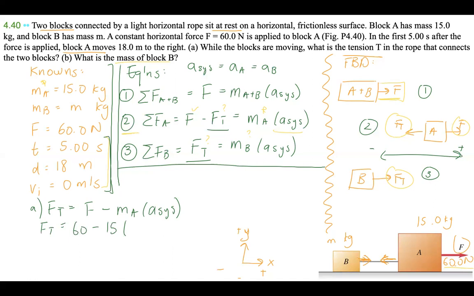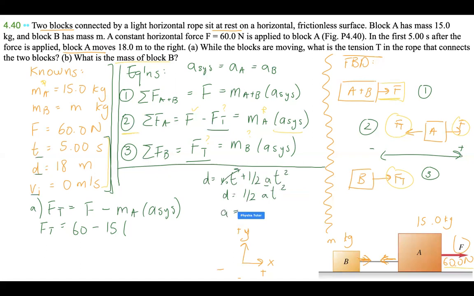D is equal to v naught t plus half of a t squared, because we have d, we have t, we have v initial, so this is a perfect equation for us, and we're looking for acceleration. Let's use this equation to isolate for a. Right off the bat, we can cancel this because v naught is 0. So d is equal to half of a t squared.